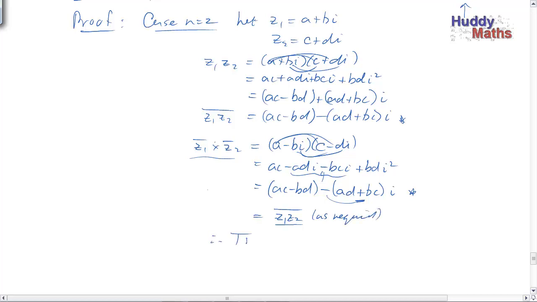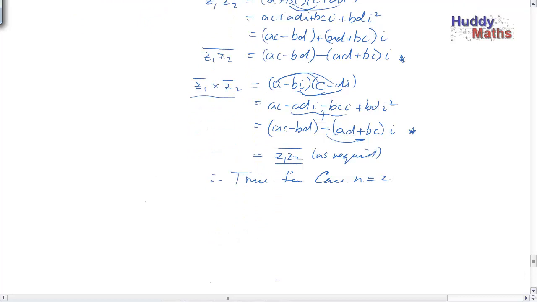Therefore, true for case n equals 2. So we have established it for that case. Now let's go on and have a look and label your work. Case n equals 3. So it is the product here, and we've got to prove that it's going to be true by flowing on with a pattern.